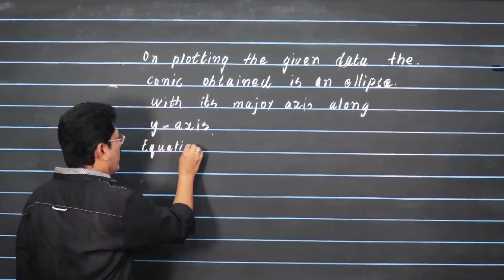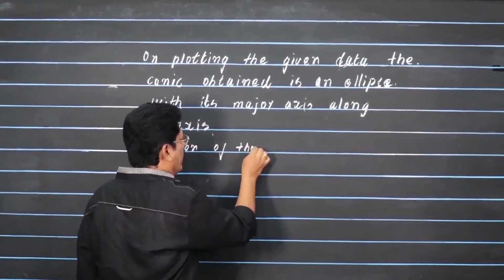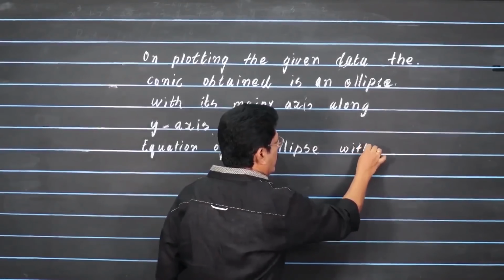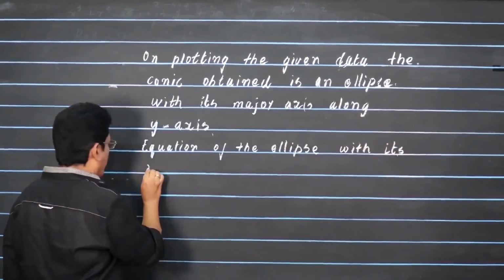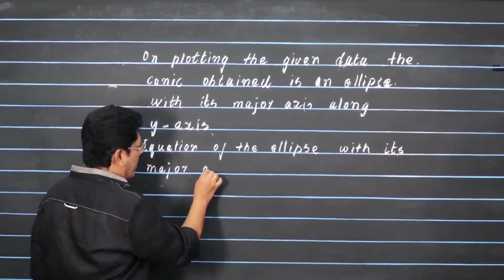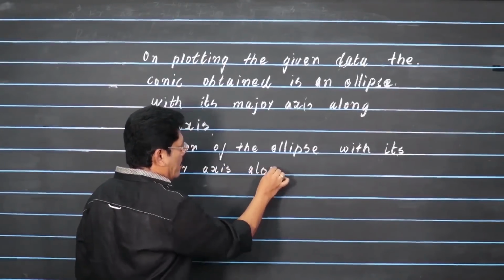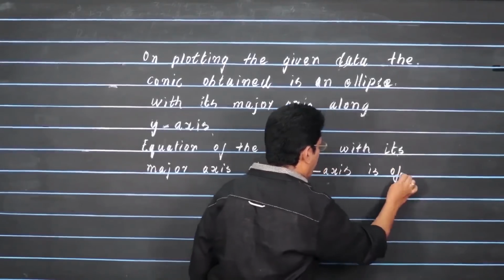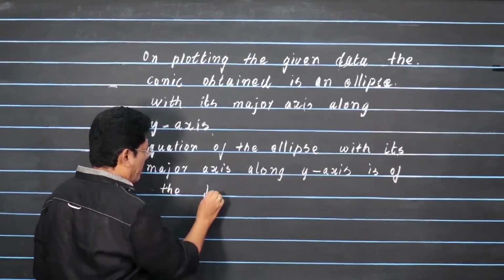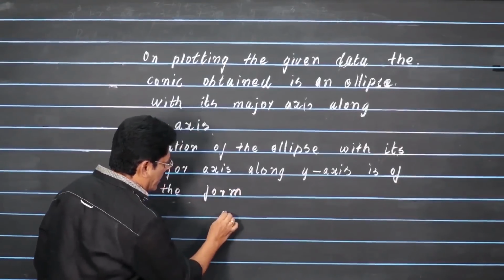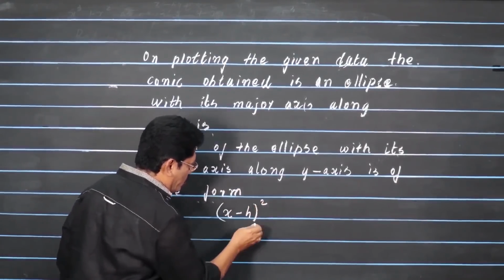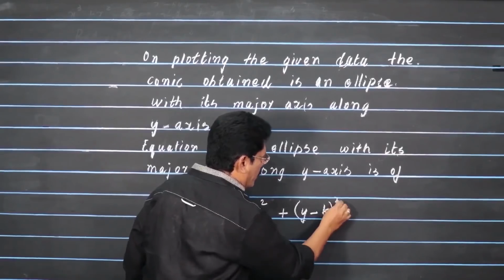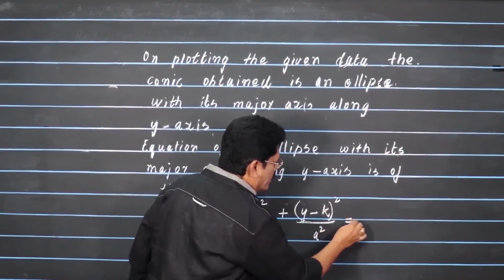Equation of the ellipse with its major axis along y-axis is of the form x minus h the whole square by b square plus y minus k the whole square by a square is equal to 1.